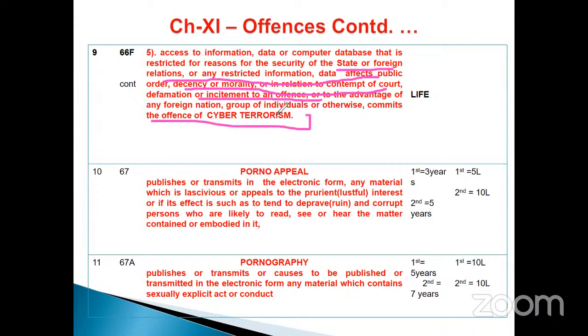So these words you have to remember. It is amounting to cyber terrorism. This is the maximum punishment given in the IT Act, lifetime. So for cyber terrorism, lifetime punishment.